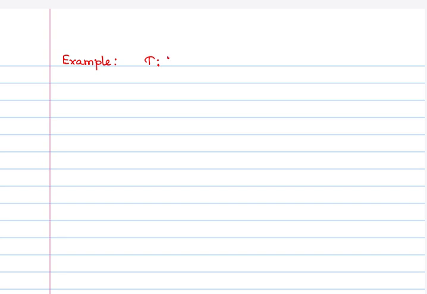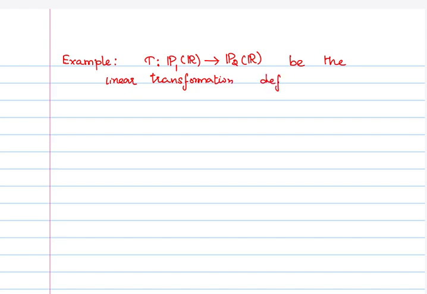Let T from the polynomial space P1 of R to P2 of R be the linear transformation defined by T of P of X equals X times P of X. This is how we define it.